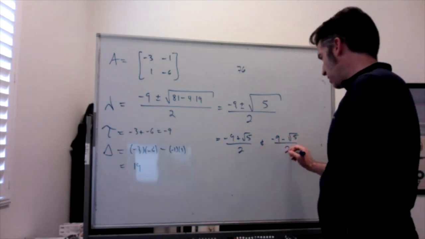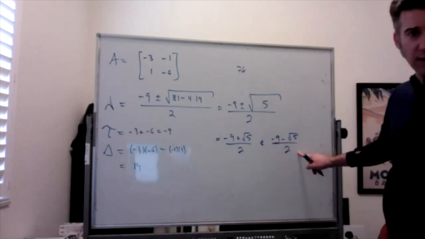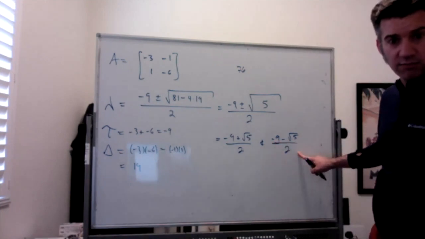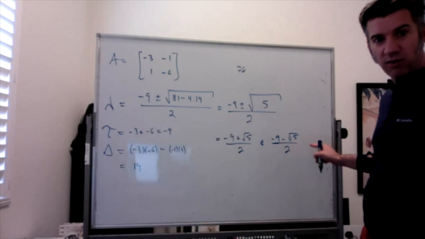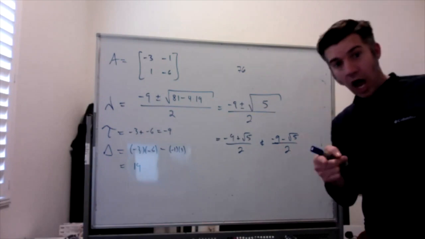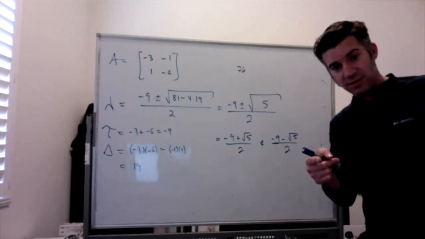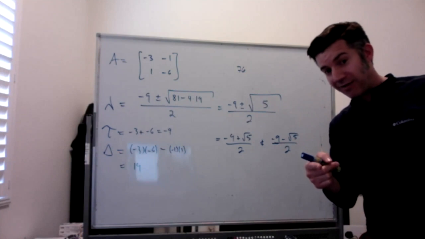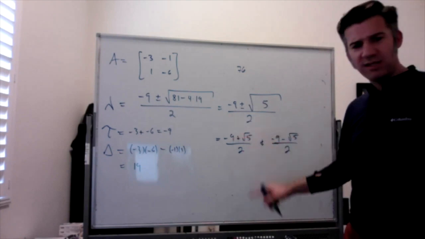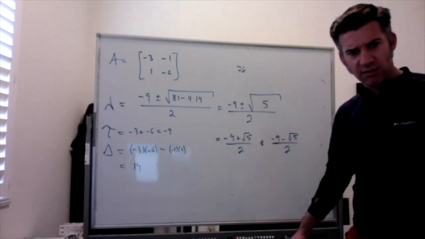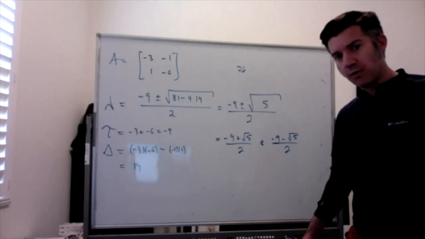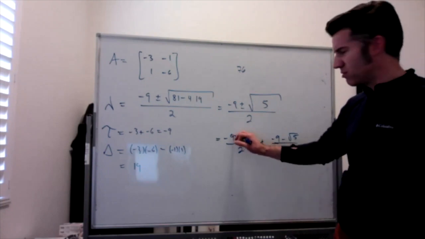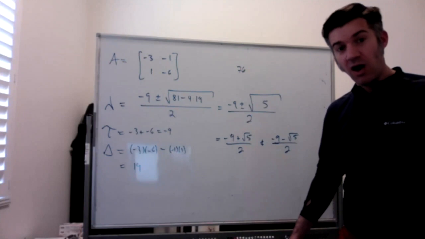Let me ask you guys, is this one positive or negative? -9 minus the square root of 5 is negative. What about -9 plus the square root of 5? What's bigger, 9 or the square root of 5? Oh, 9 is bigger.